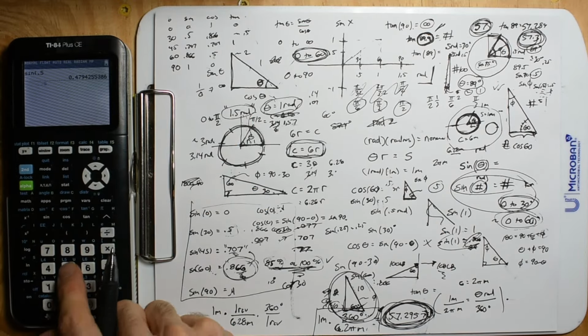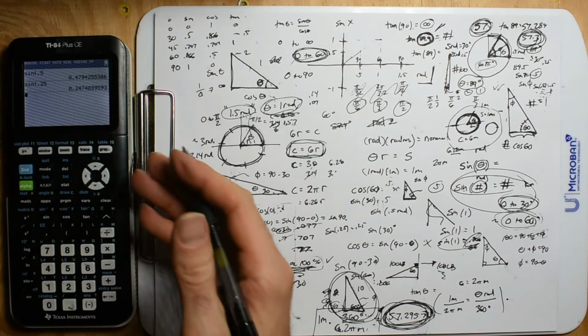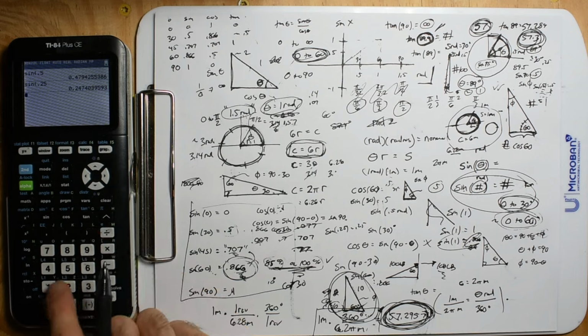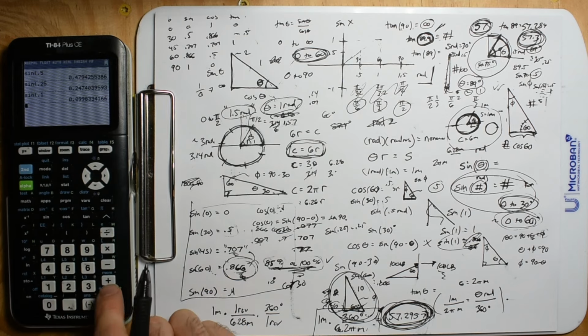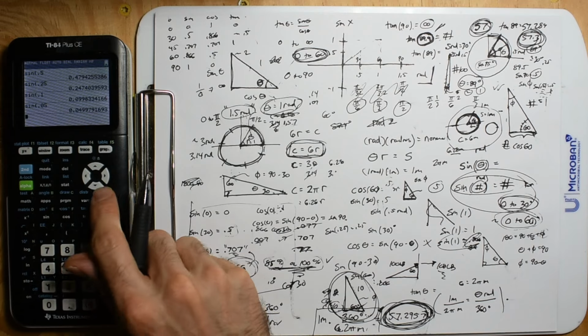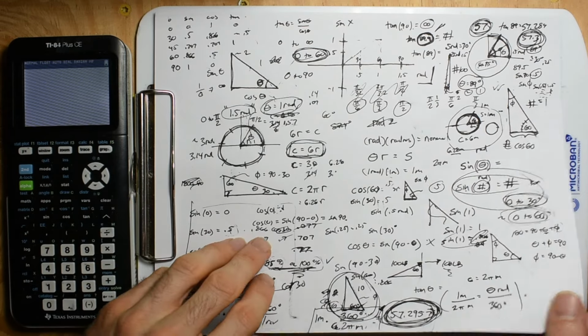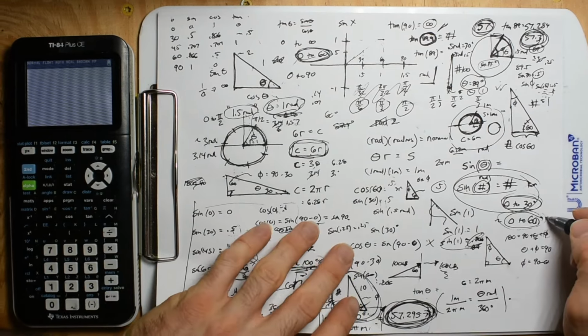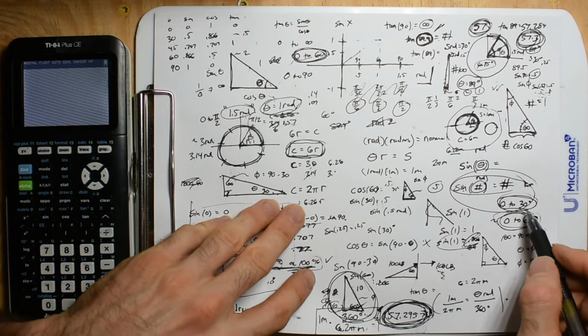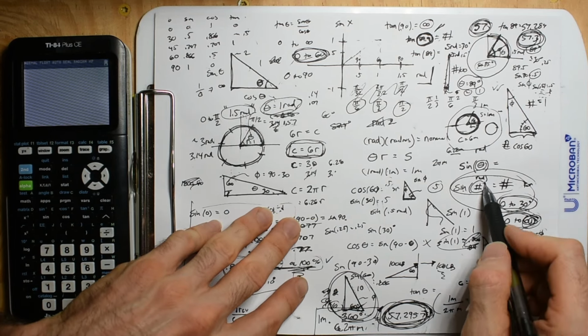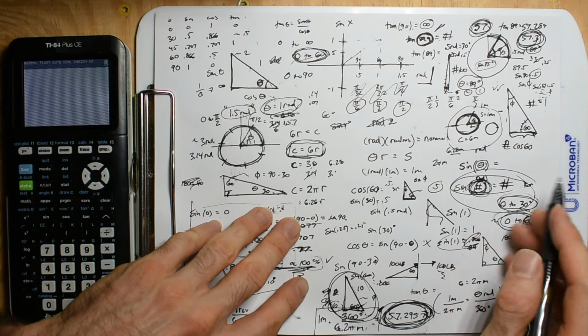So let's do it. Sine of 0.25 is getting more accurate. It's like 0.25. Sine of 0.1 is pretty much 0.1. Sine of 0.05 in radians is 0.05. So cool. And just know, it's not a good guess to go from 30 to 60 with that, and it's called the small angle approximation.